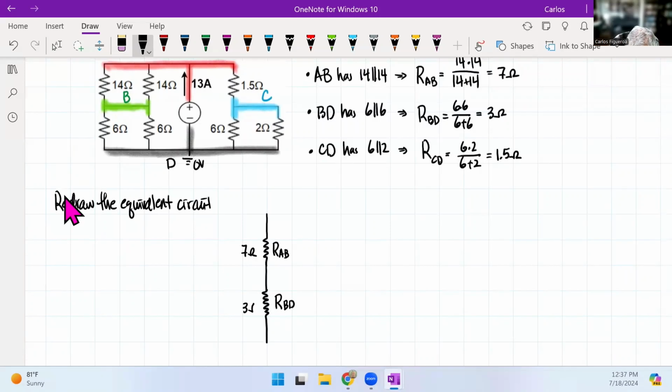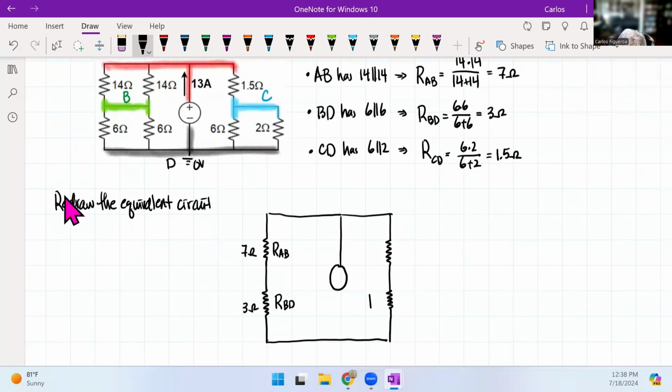This is 3 ohms. And then I have, of course, my power supply here. And then if I go to the other branch, I have my equivalent resistor, which is RCD, and this is 1.5 ohms.